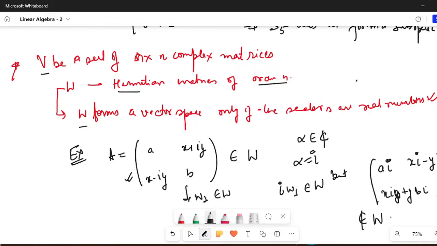Okay. So now let us move to something very important, which is called linear combinations.